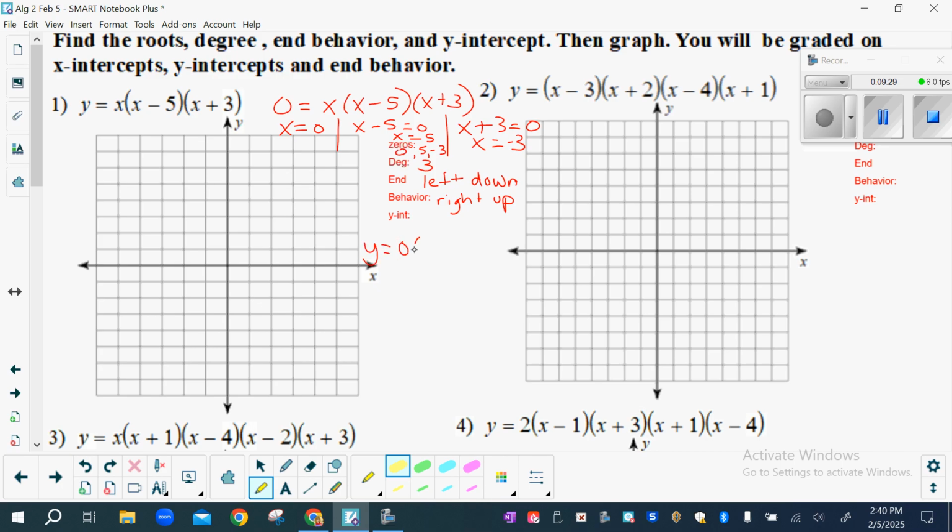So we have 0 times 0 minus 5 times 0 plus 3. Now I'm going to simplify it. This is 0 times negative 5 times 3. What is it? 0. It's a 0 because there's a 0 there. So my answer is 0. So my y-intercept is 0, 0.